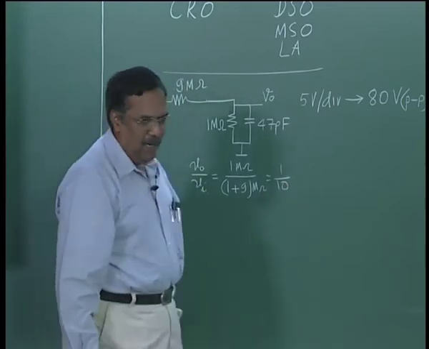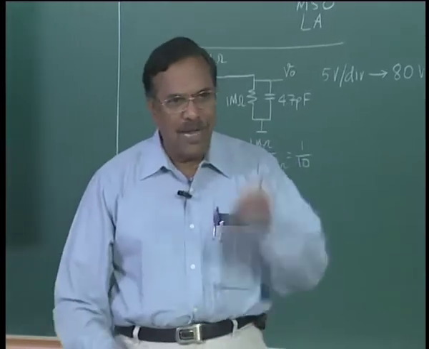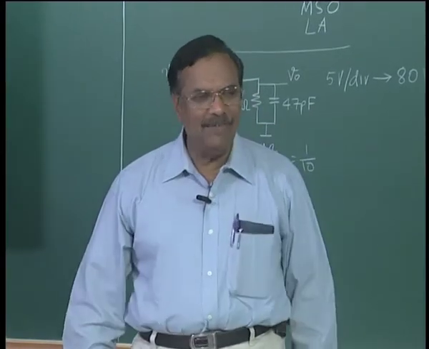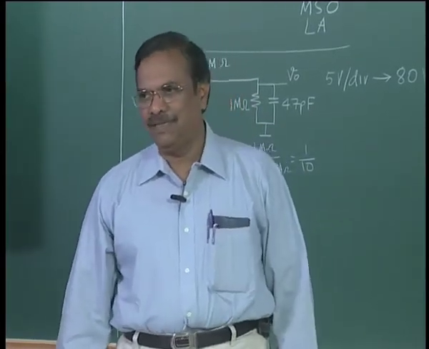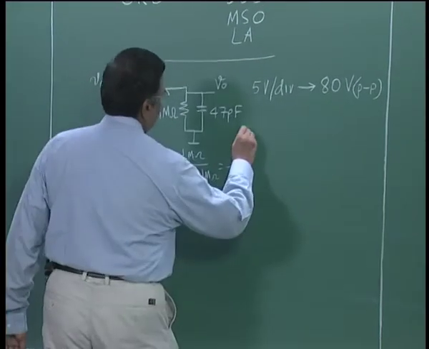So, my oscilloscope input becomes 1/10 of the input I am checking with the tip of the probe, right. So, we call this a divide by 10 probe.